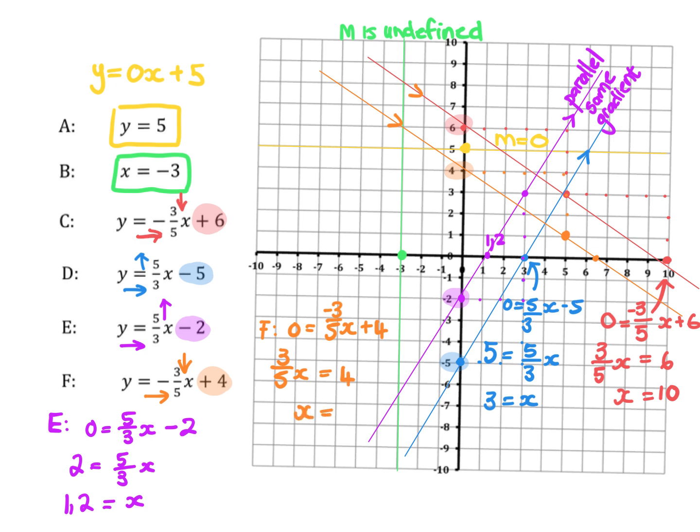If I now divide 4 by my coefficient of 3 over 5, I get a value of 6.67, which I can write in on my graph. Very full graph, but we've actually covered quite a substantial bit of content.